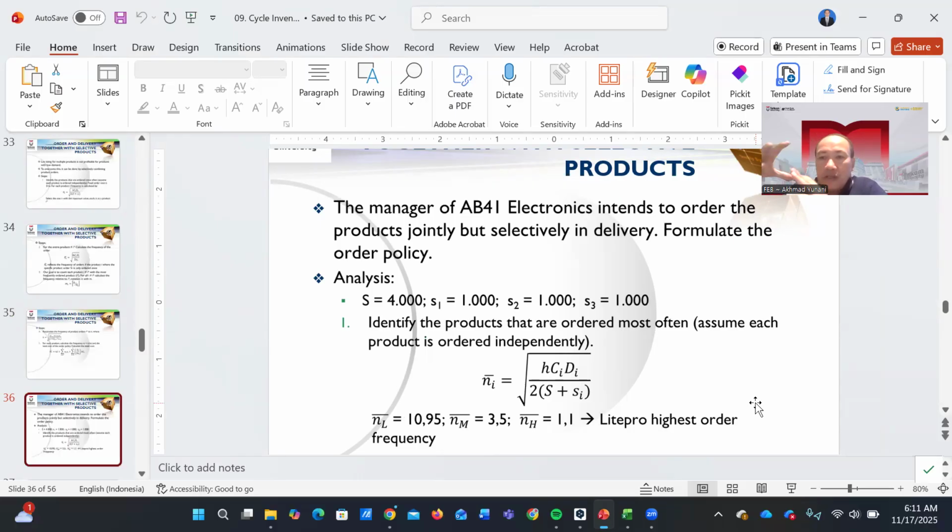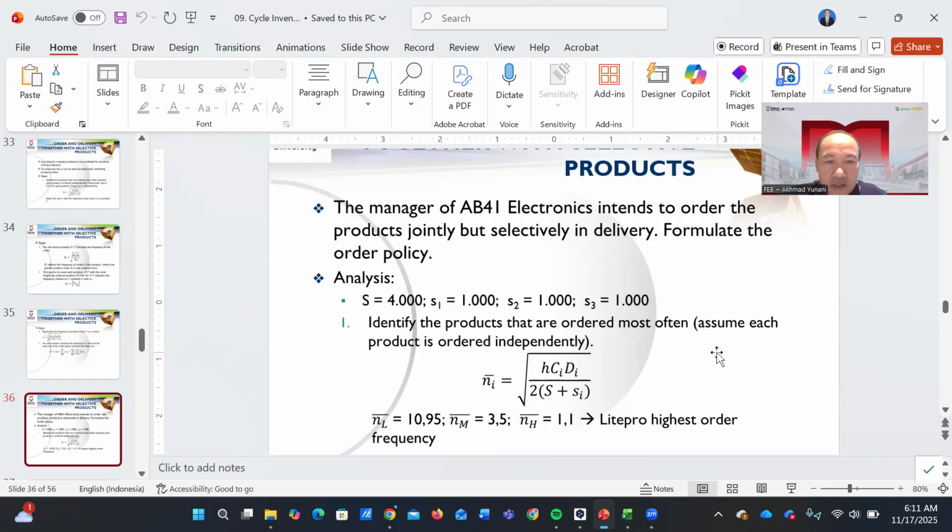So we will join the transportation for all three brands, but in the delivery, we will select the most favorable. Formulate the order policy. Here we find that S equals 4,000, S1 1,000, S2 1,000, and S3 1,000.